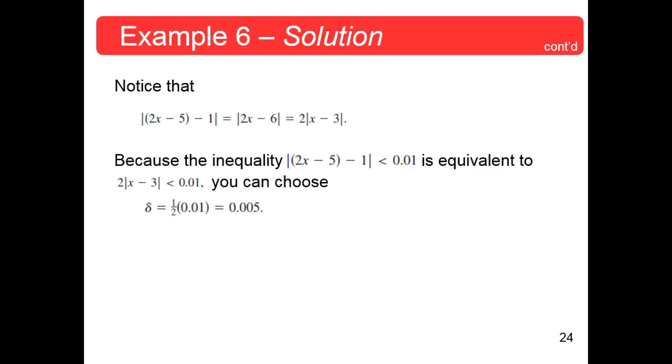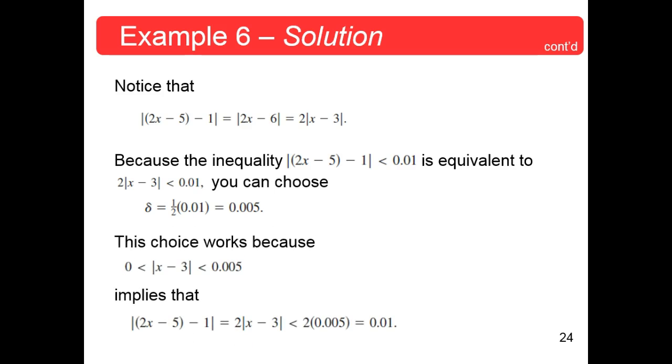0.005. Now, again, it seemed like it would be easier if you wrote it out like we did, but that's how they do it. This choice works because anytime you choose an x that's close to 3, within that much of 3, on either side, you're going to get your f of x within that much of 1.